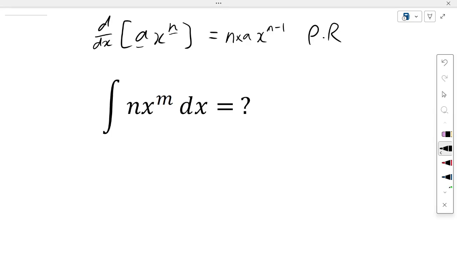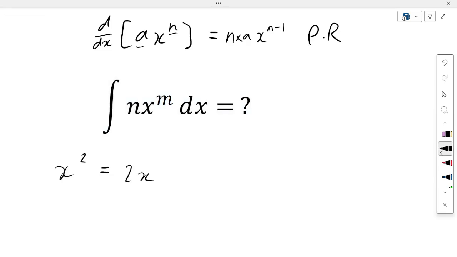So this is our antiderivative. If I were to try and find the derivative of x squared, we know that the derivative using this method is just going to give us 2x.